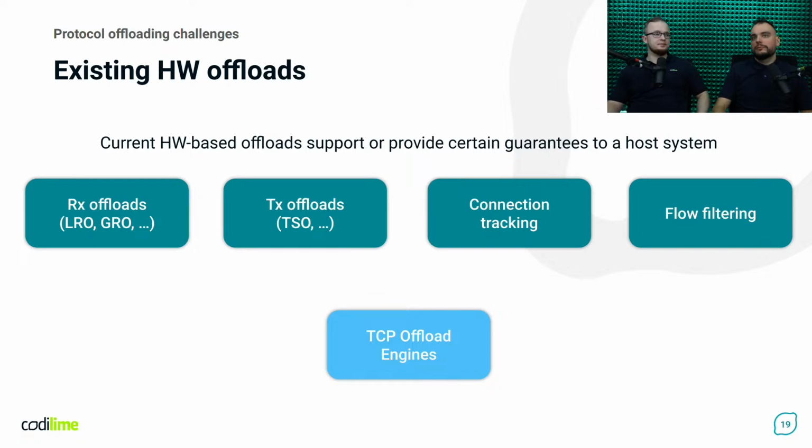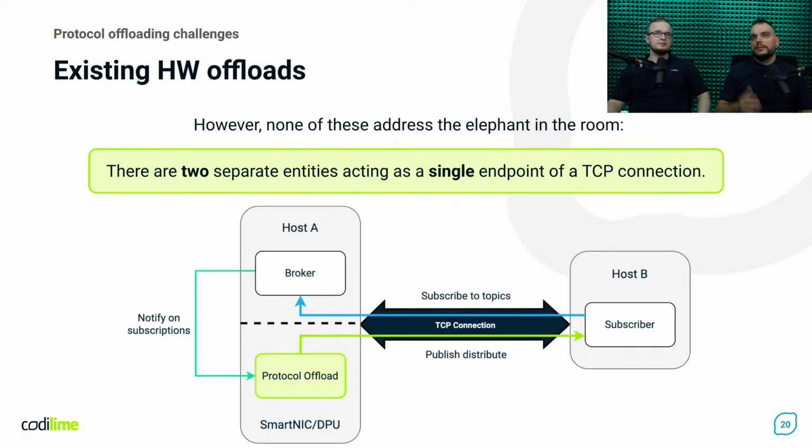And in our case, there is a difference, the consequence of which is that we want to actually provide our own implementation. In our case, we have two entities that are present on a single TCP connection and actually act as a single endpoint.